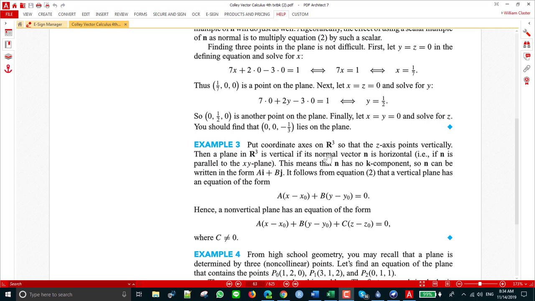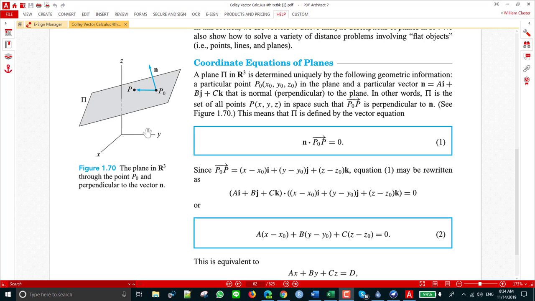If a plane is vertical, then its normal vector is in the horizontal direction. They say that means the normal vector is parallel to the xy plane, so it's parallel to the bottom plane. And if it's parallel to the xy plane, that means it has no k component.